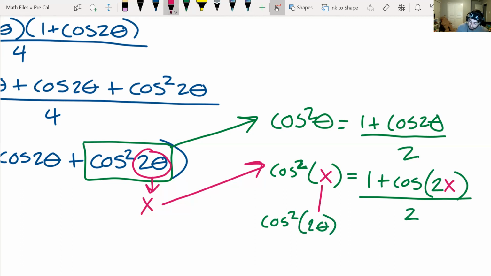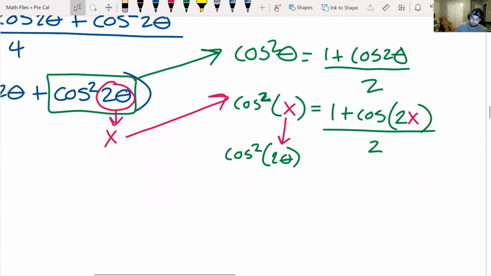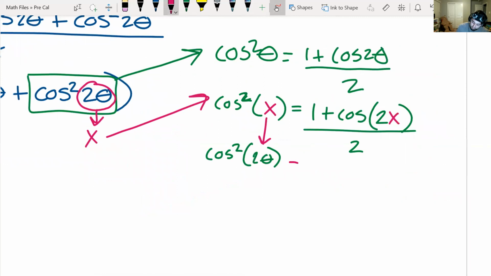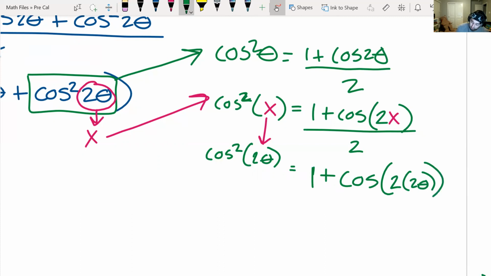We bring our substitution back, which means that I get 1 plus cosine of 2 times 2 theta, over 2.